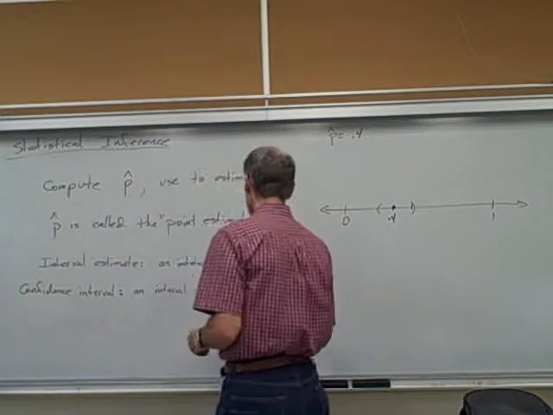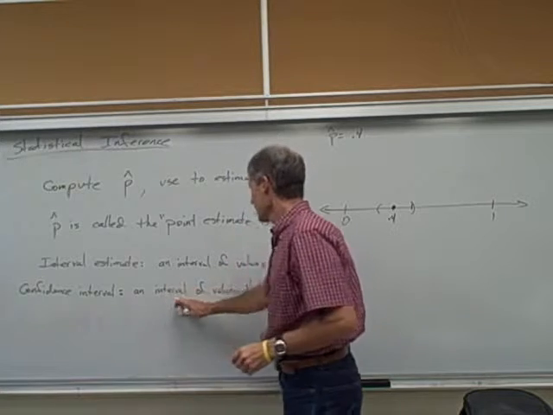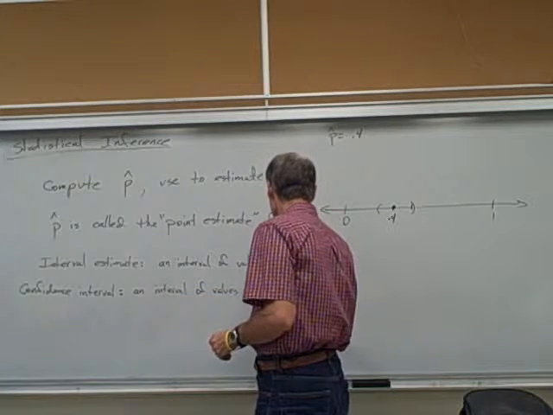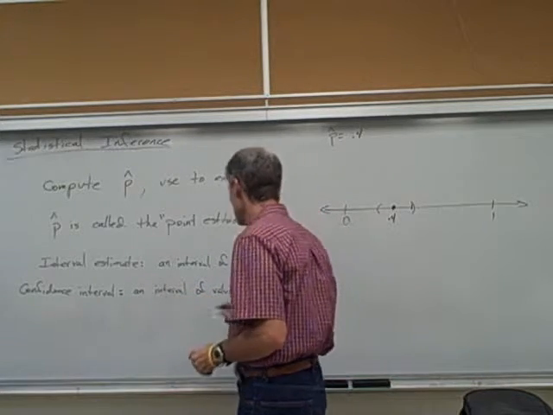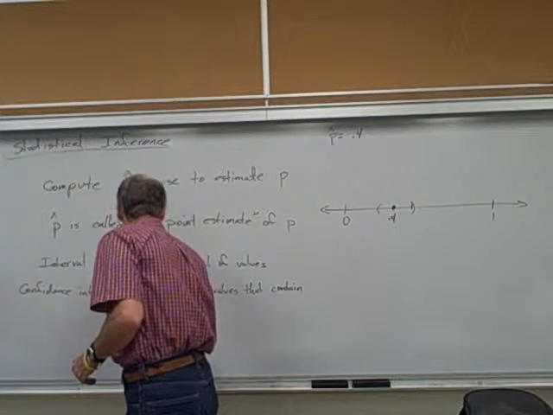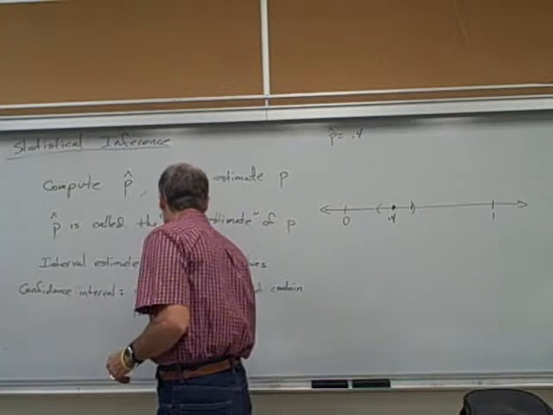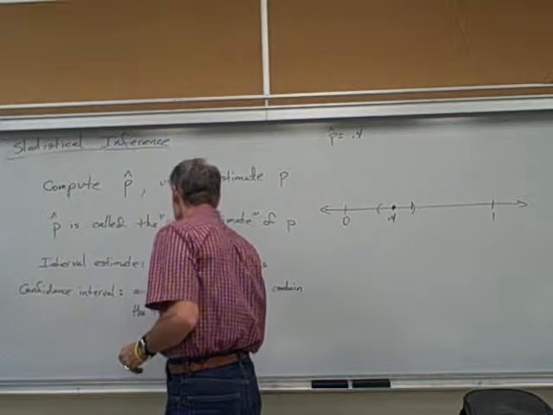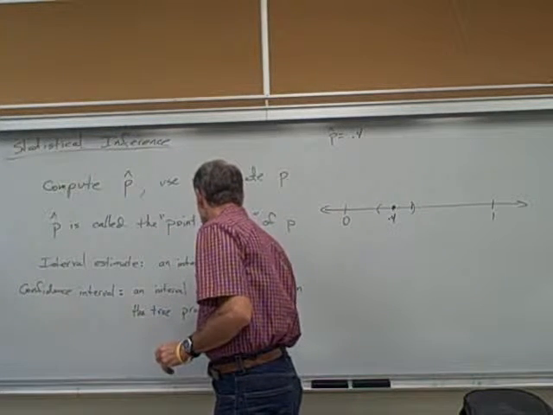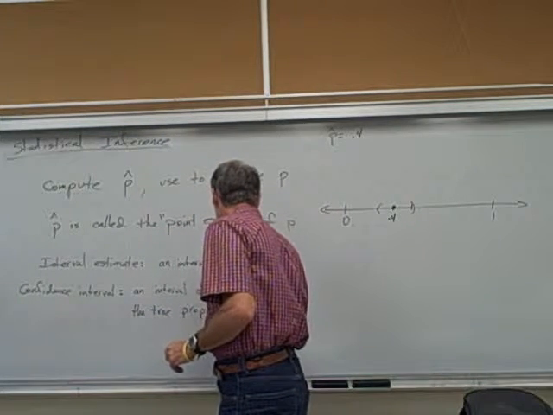And the way the book writes it, I like this. He says, an interval of values that contain the true proportion, or it could be means or whatever, but the true value in the population.